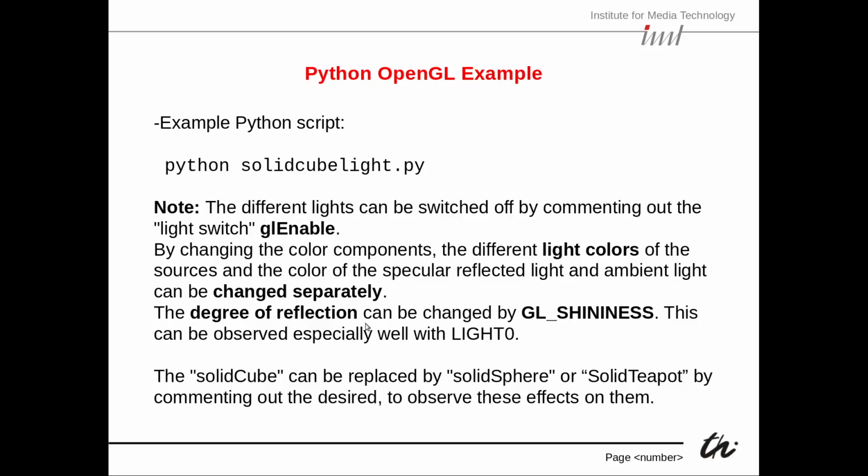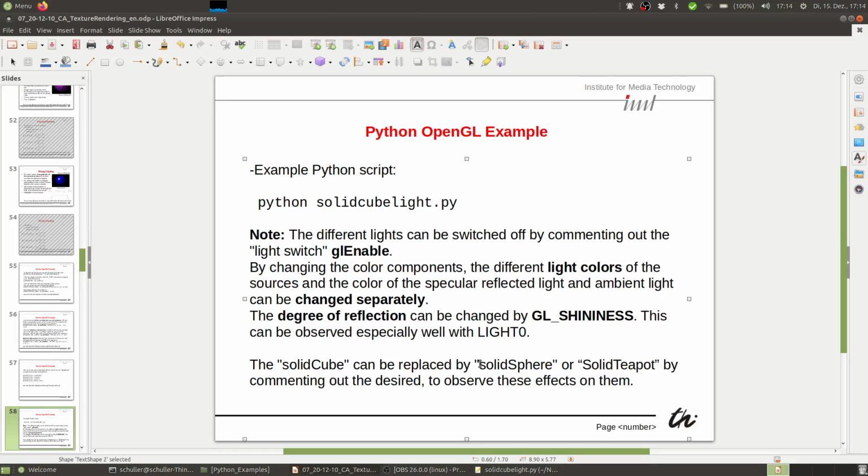The degree of reflection can be changed by GL shininess. This can be observed especially well with light number 0. Yeah, that might also be interesting. The solid cube can be replaced by a solid sphere or solid teapot by commenting out the desired one to observe these effects on them. So let's try the shininess.